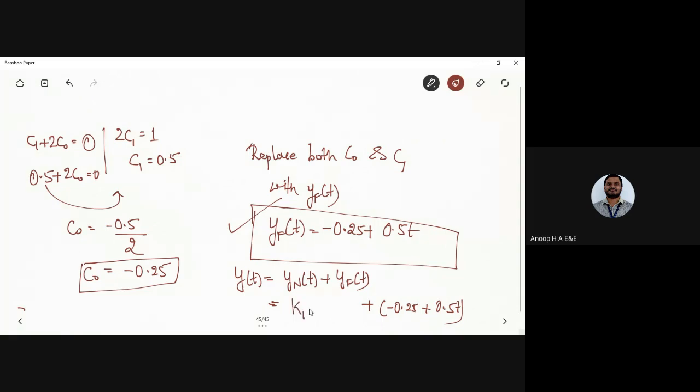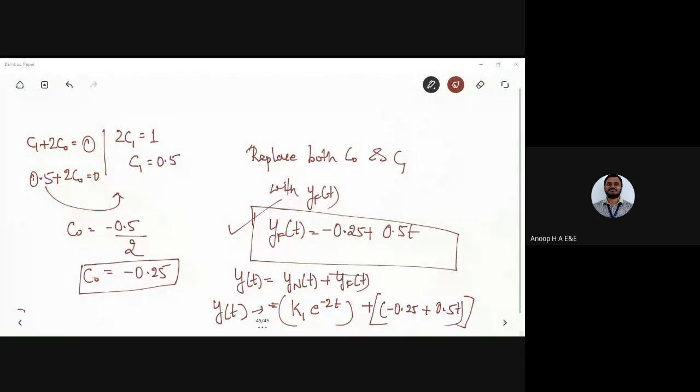I'll be having k1 e power minus 2t. So this is the natural response, and this entirely is the forced response of the system. So overall, I have the output of the system as y of t. Got it? So this is how we can find out the forced response and the natural response of the system.